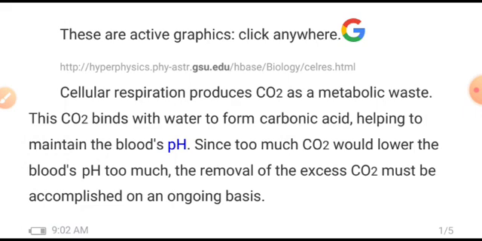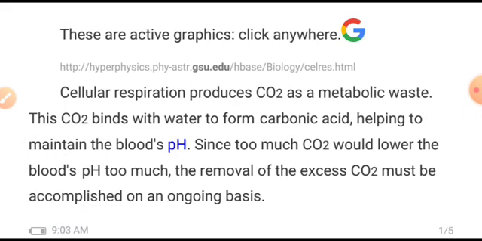Then cellular respiration produces carbon dioxide, as I said, as metabolic waste. This carbon dioxide binds with water to form carbonic acid. This helps to maintain the blood's pH. This carbonic acid has the capacity to maintain the blood's pH, since too much carbon dioxide would lower the blood's pH too much.